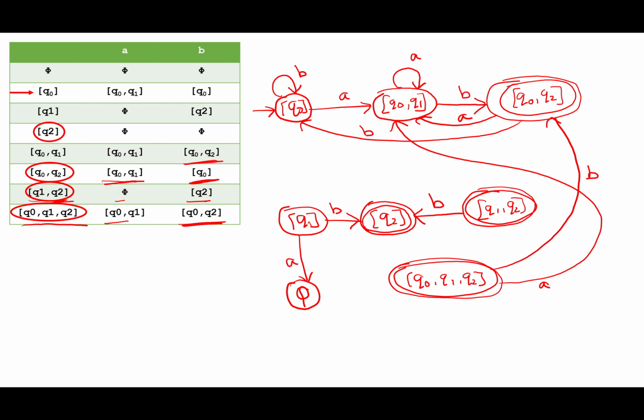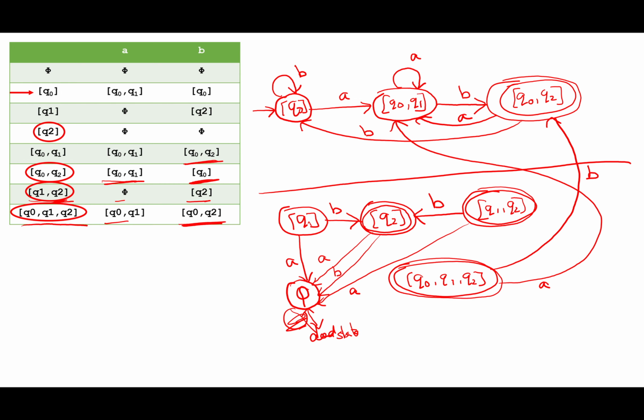Q1 comma A is a dead state for the input symbol A. Then Q2 comma A is also a dead state for the input symbol A. Then Q2 comma B is also a dead state for the input symbol B. Then Q1 Q2 comma A is also a dead state for the input symbol A.